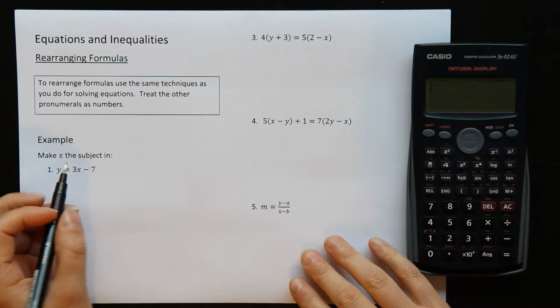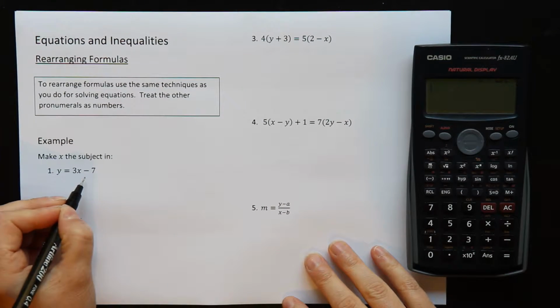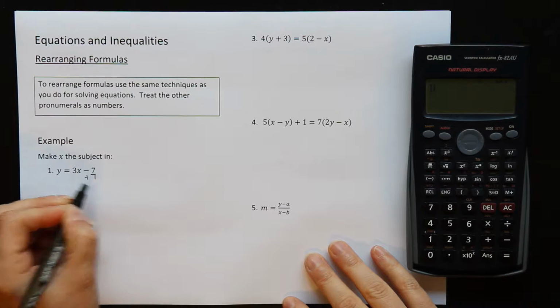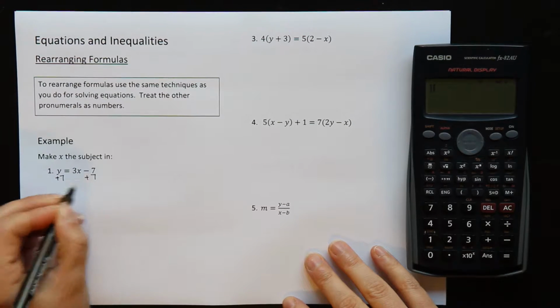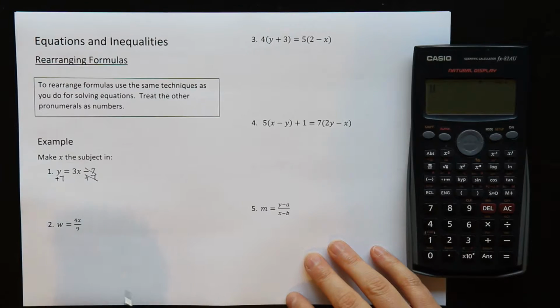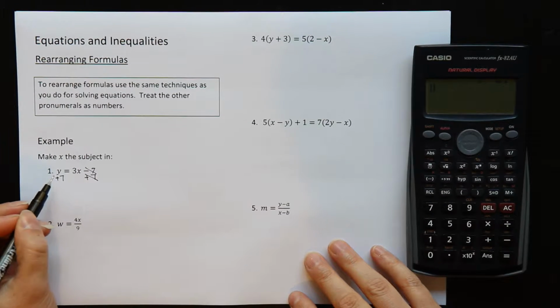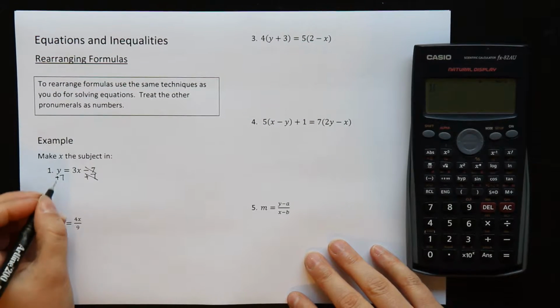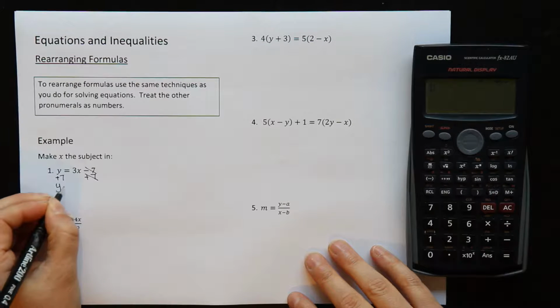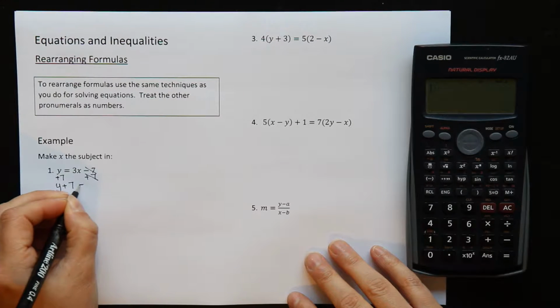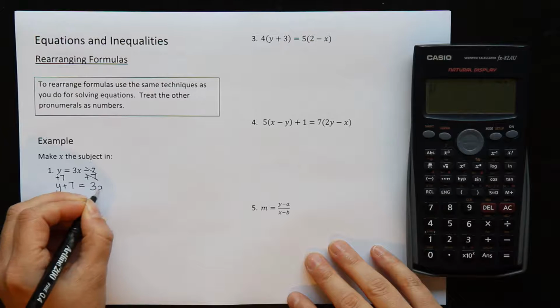So the first thing that you would move would be the 7. We want to add 7, and add 7. That moves that away. Now you can't actually add y and 7, so you'll have to just write y plus 7 is equal to 3x.